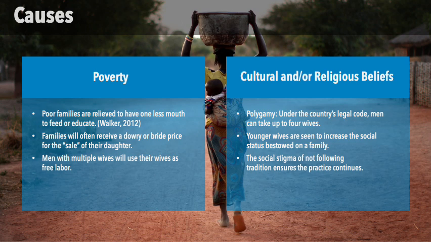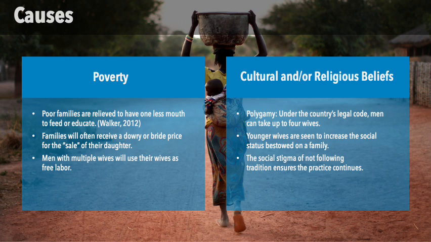And oftentimes with polygamy as well, as the wives age up, the husbands will marry younger wives to keep them in that social status.